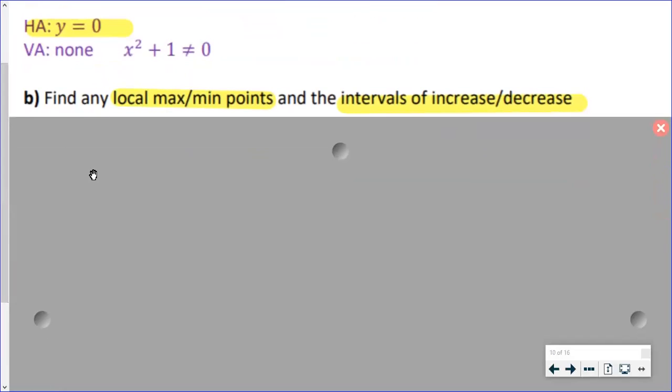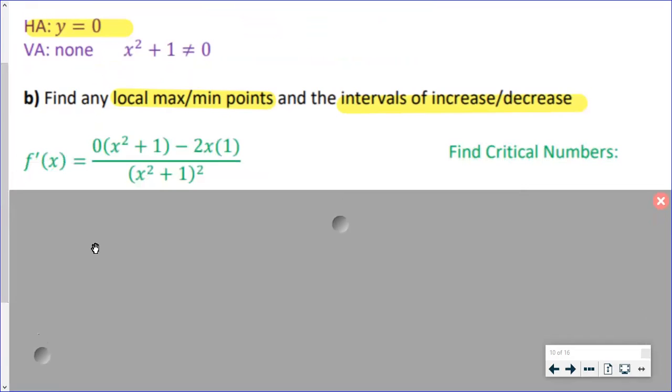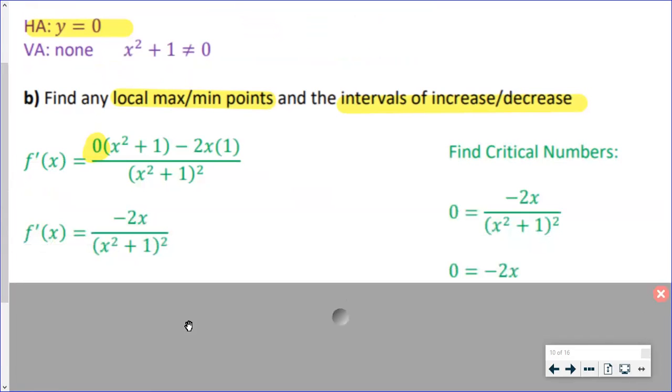Plugging that in, because there's a constant in the numerator, I have a derivative of 0 for the numerator, which makes this easy to simplify. You have to have a simplified version of the first derivative.